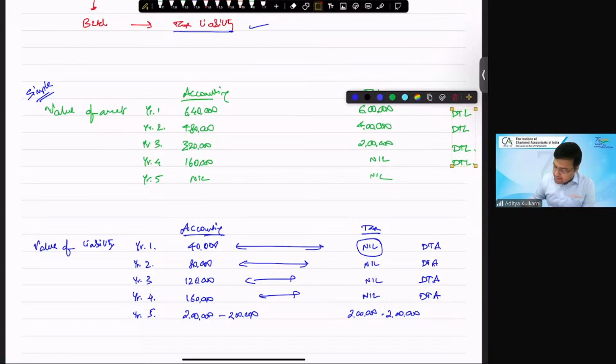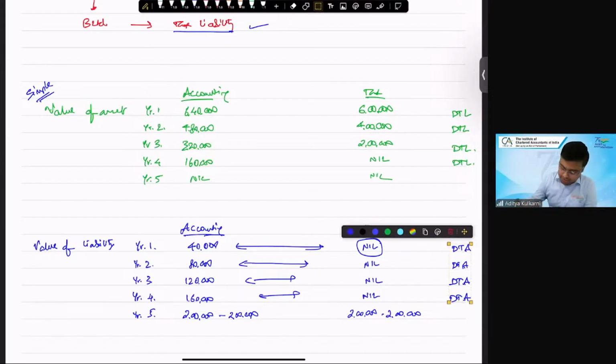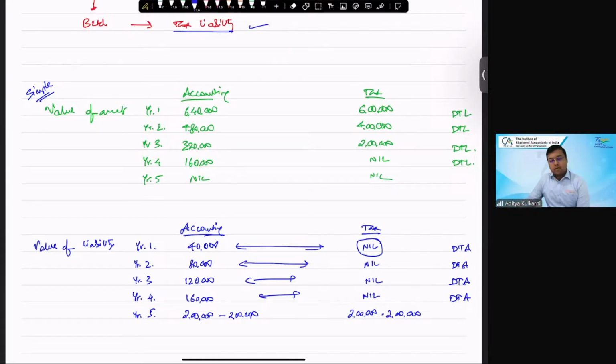This difference, what you are seeing, one moment, just a second. This difference of 40, 80, 120, 160, what did I use the term? We can claim this difference in the future. Yes or no? Yes, sir.